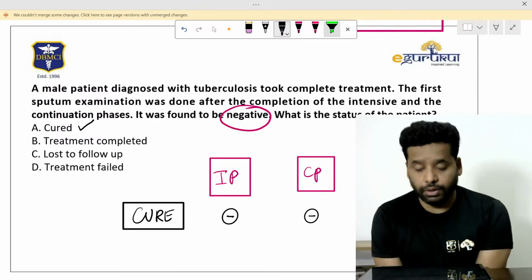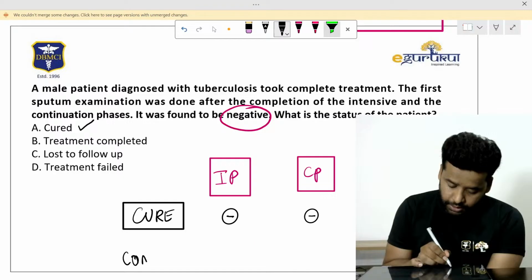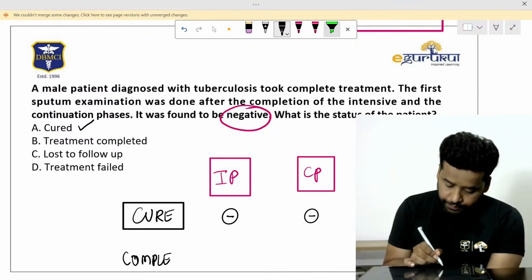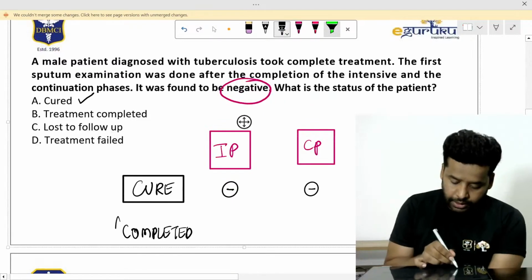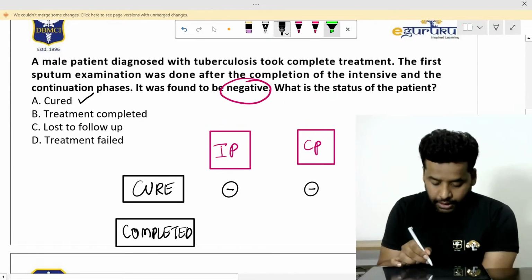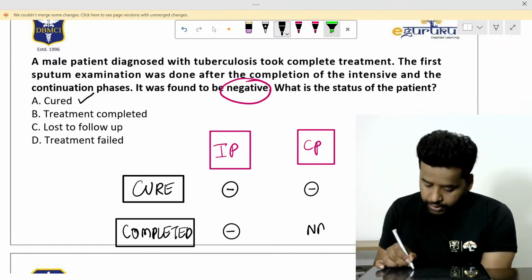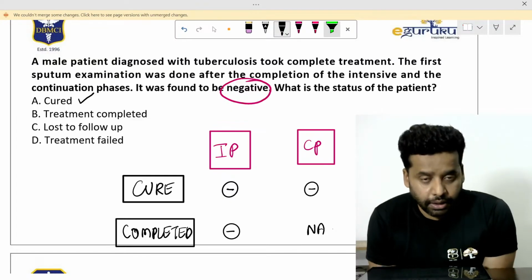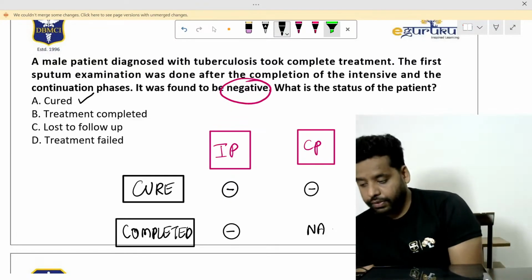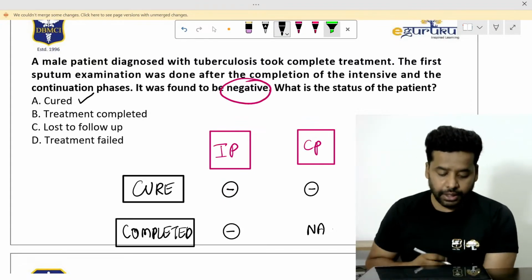If I am asking the word treatment completed, when can you tell that the treatment is completed? Intensive phase negative, after continuation phase the sample results are not available. If this is the word given, then it is treatment completed.